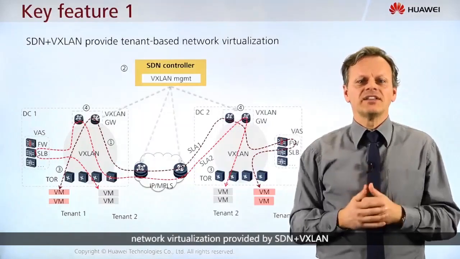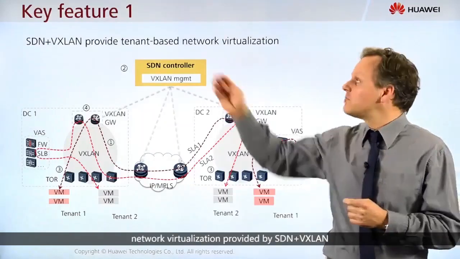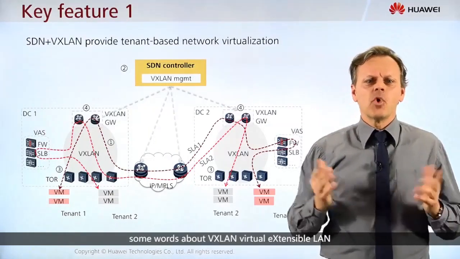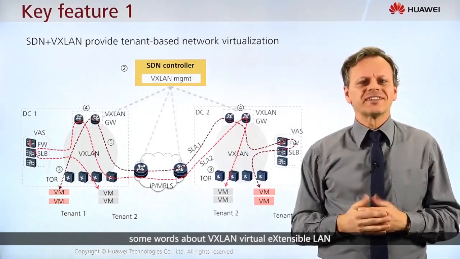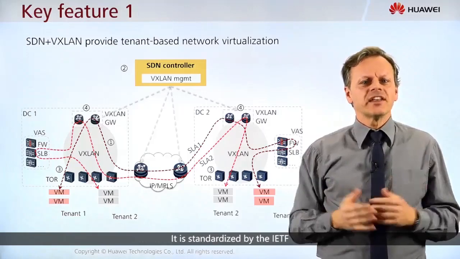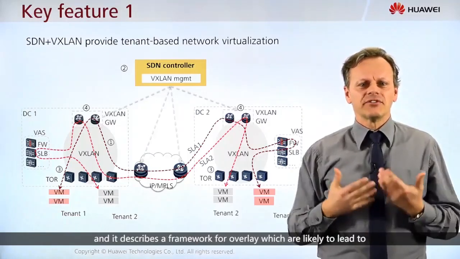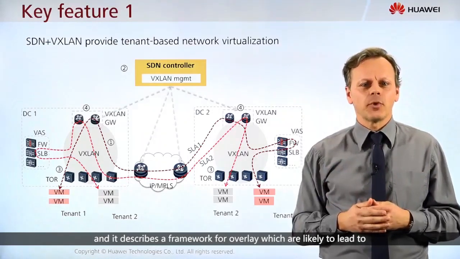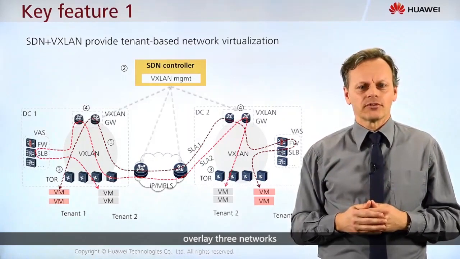Key feature 1, network virtualization provided by SDN plus VXLAN. Some words about VXLAN, Virtual Extensible LAN. It is standardized by the IETF and it describes a framework for overlaying virtualized layer 2 networks over layer 3 networks.